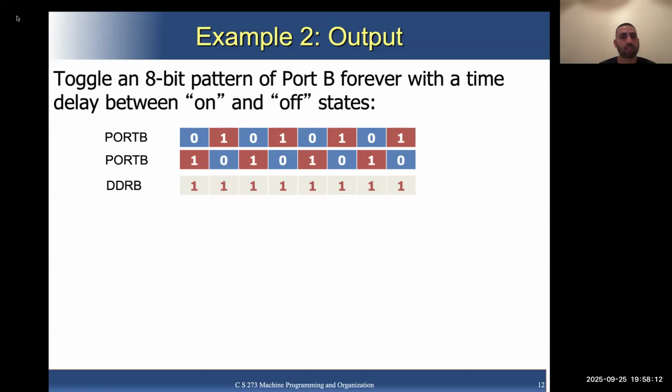Is everyone clear on what you are supposed to do? It's pretty straightforward. You just need to first send the alternating pattern 0 1 0 1 to port B, then put some delay, and then send a pattern of 1 0 1 0 on the physical pins of port B, right?